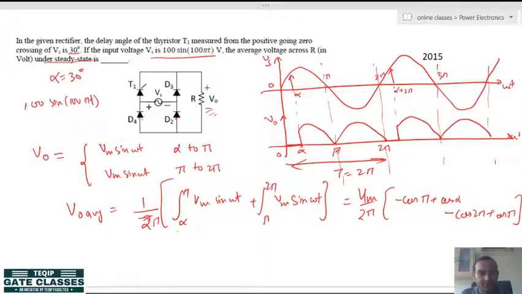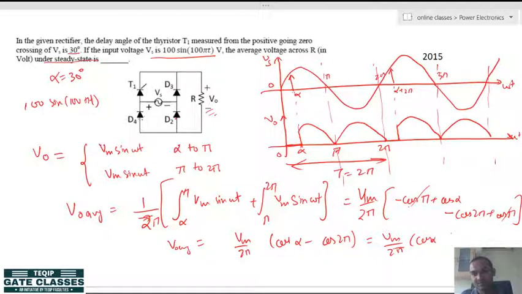So, V naught average will come around this: cos pi minus cos pi will cancel out, leaving cos alpha minus cos 2 pi. So, Vm upon 2 pi times cos alpha minus cos 2 pi, and cos 2 pi is plus 1. So, it is Vm upon 2 pi into cos alpha minus 1. Put alpha equal to 30 degree and you will get the average output voltage.